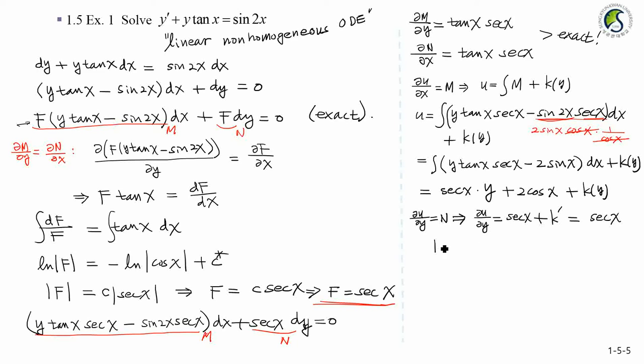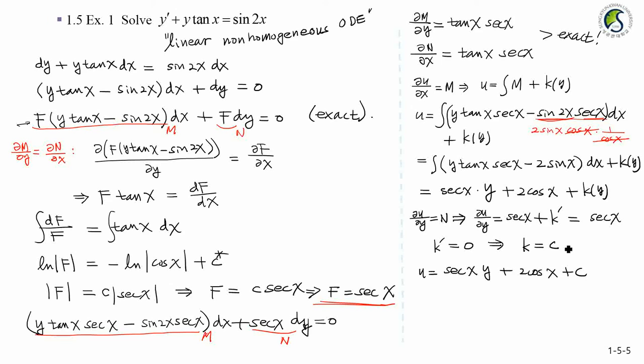From here k prime is 0, so k is c. Hence u is secant x times y plus 2 cosine x plus c.